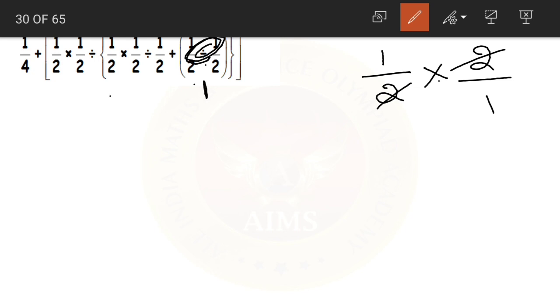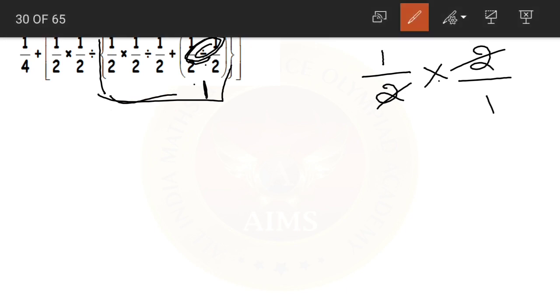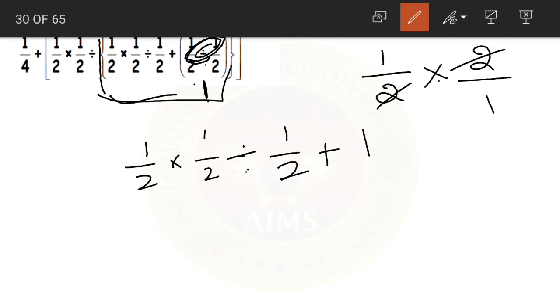Like you see, I am taking a few terms at once. Instead of writing the whole expression, I am taking only a few terms at once. Now let us take the terms in the curly brackets. 1 by 2 into 1 by 2 divided by 1 by 2 plus, what did we get from the parenthesis? 1. Now here we are having division, multiplication and addition.